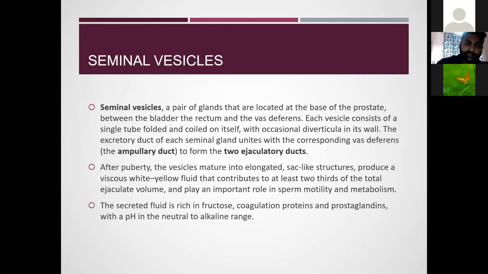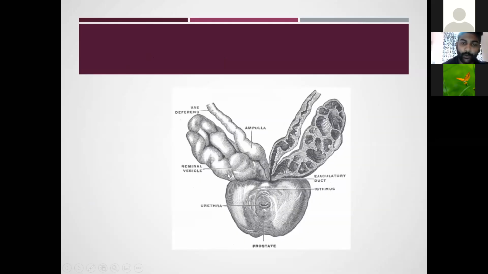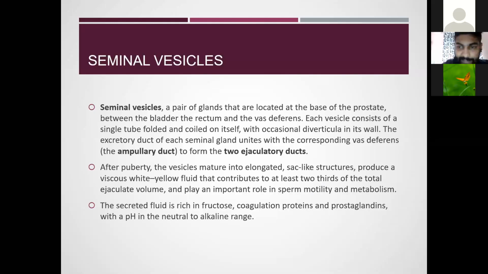Each vesicle consists of a single tube folded and coiled on itself, with an occasional diverticle, a blind tract, on its wall.